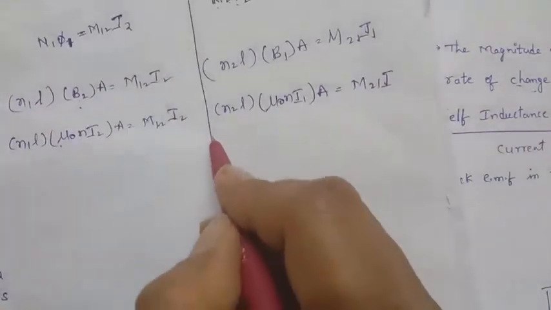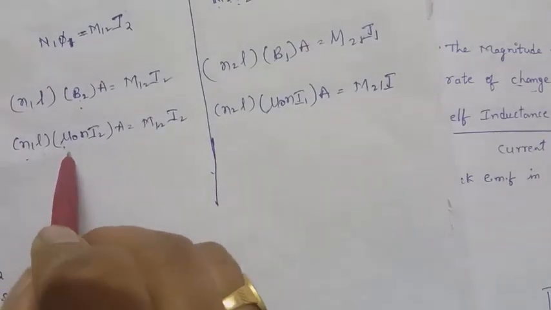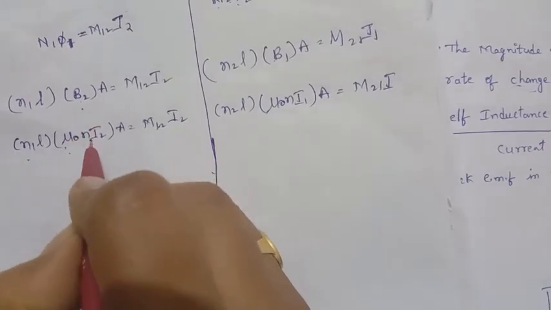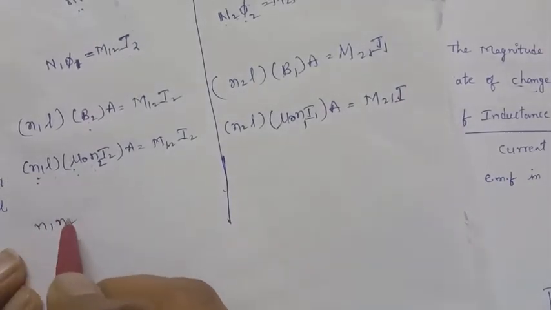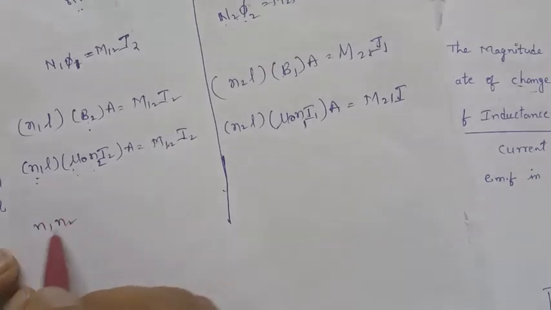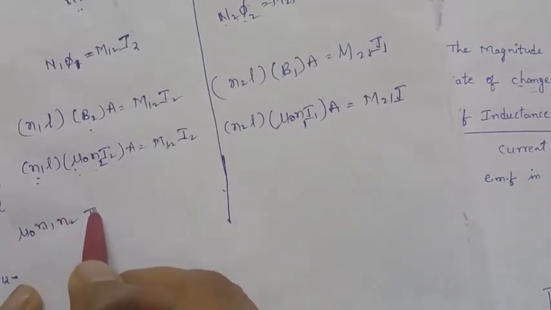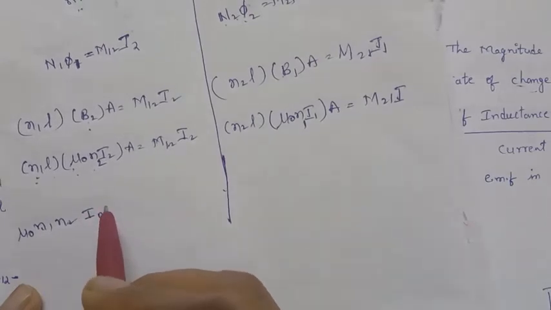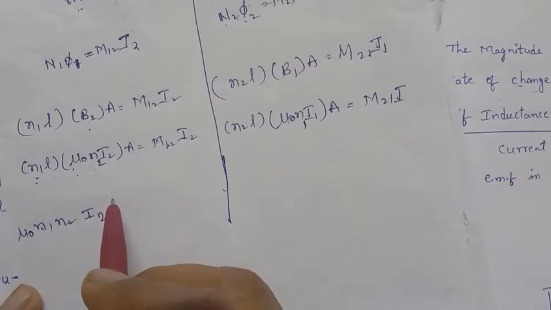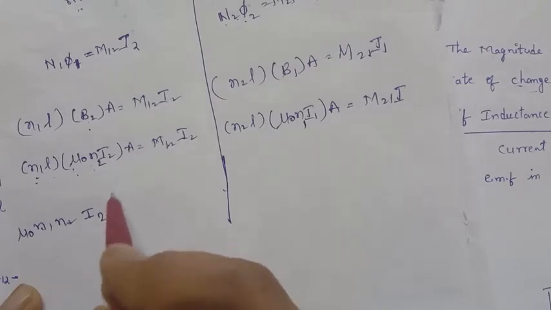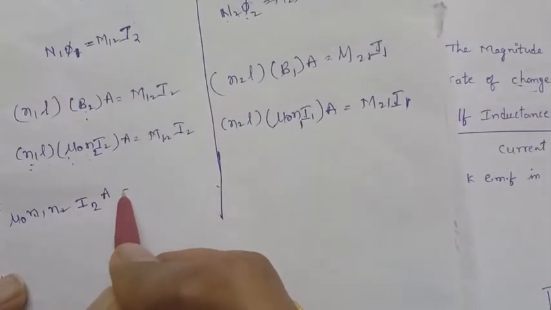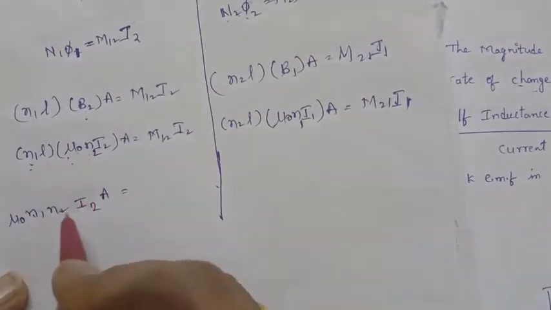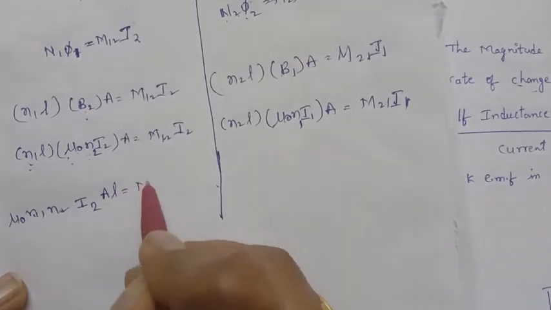So from this, N1 L mu naught N2 I2 A is equal to M12 I2.